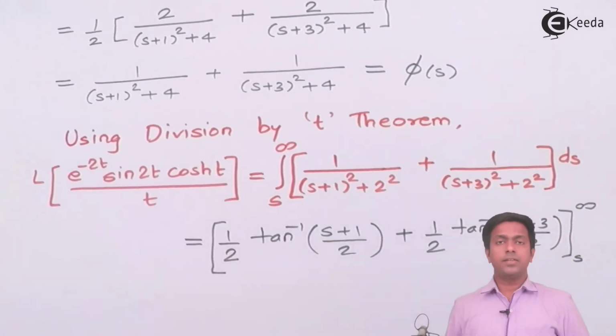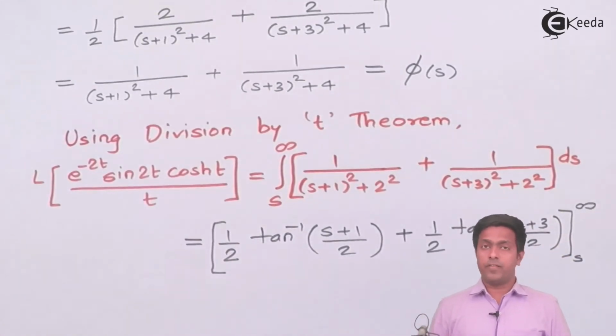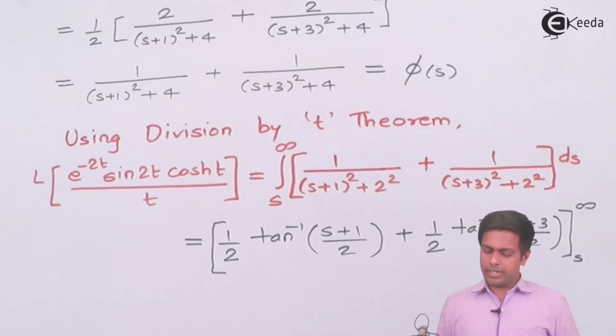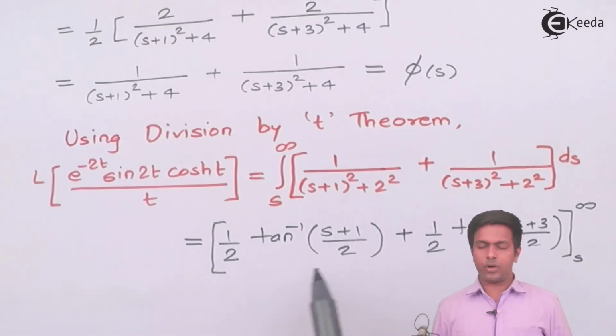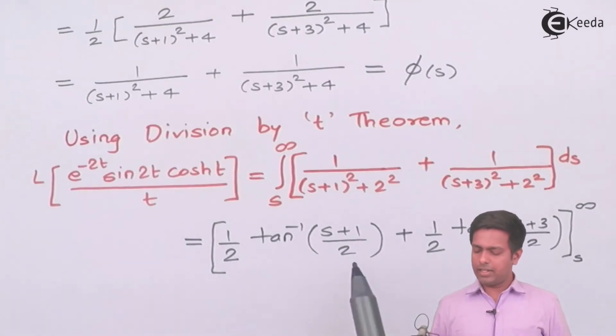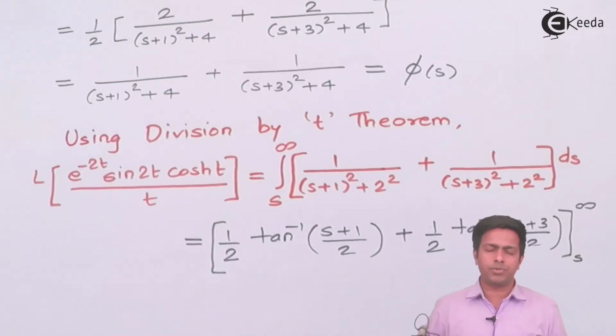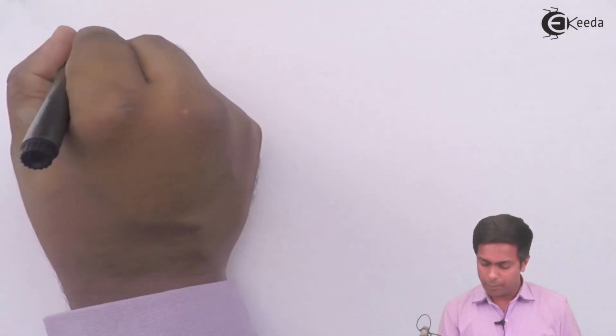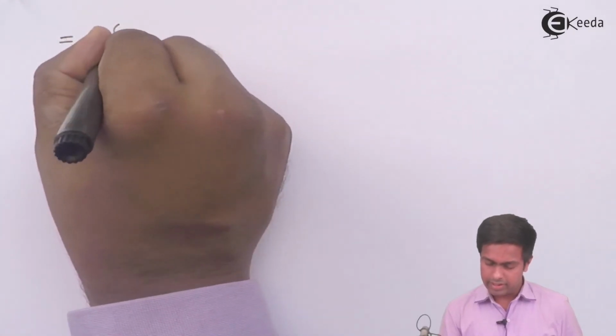So guys, you have to be very well versed with integration, because if you don't know the formula, then you cannot get the answer. So then from here I can take 1 upon 2 outside, and in the tan inverse function I'll substitute the upper and lower limit. So I'll take half outside, so it is equal to 1 upon 2 inside the bracket.